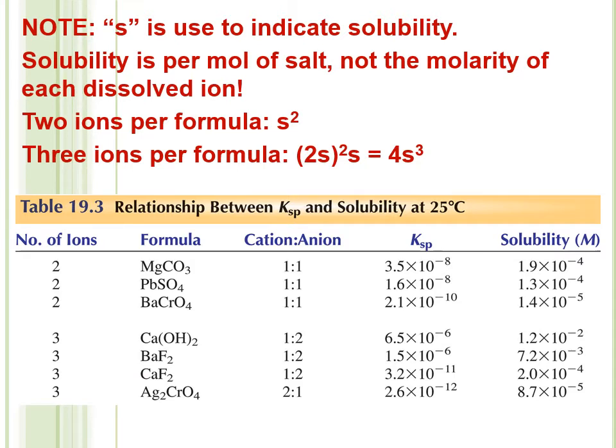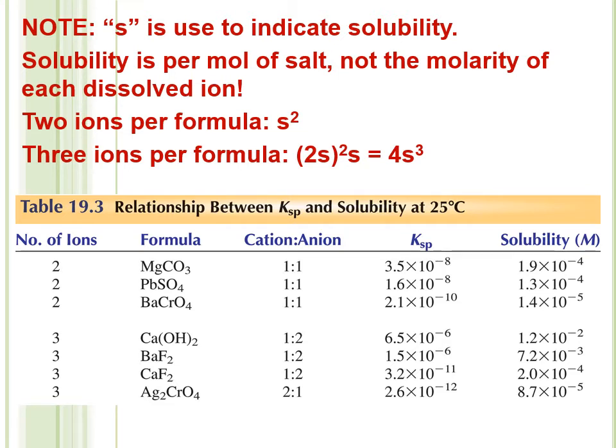As a bit of a conclusion or recap here, we can say that S is used to indicate solubility, and solubility is calculated per mole of salt, not the molarity of each dissolved ion.